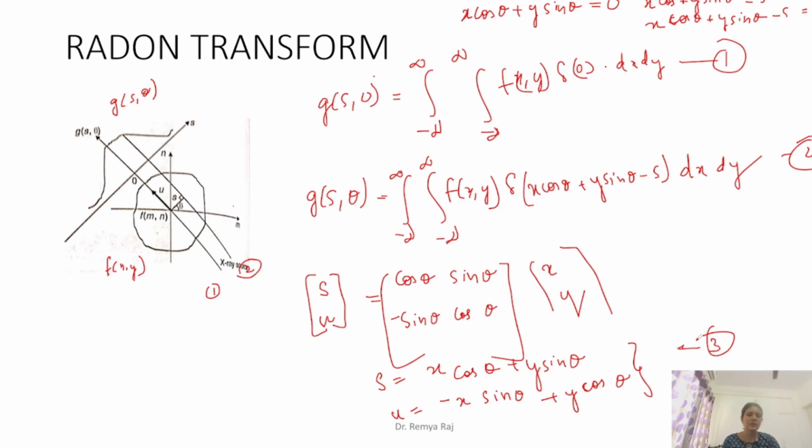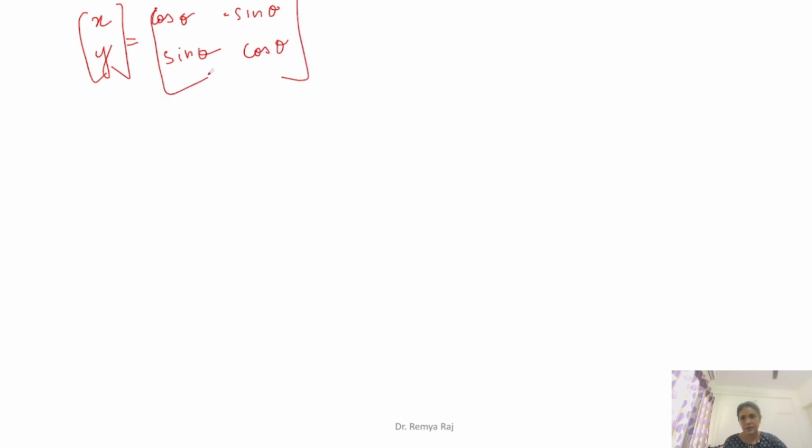Similarly, we will see the equation for x and y. How to get x and y? x and y is equal to the transpose of the matrix, that is cos theta, minus sin theta, sin theta, cos theta, multiplied by s and u.